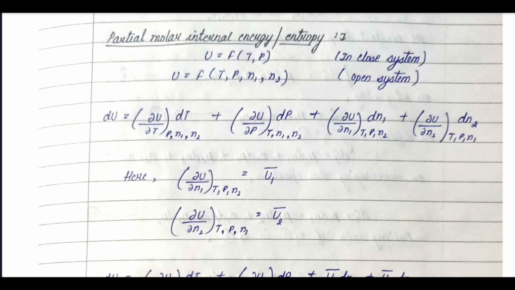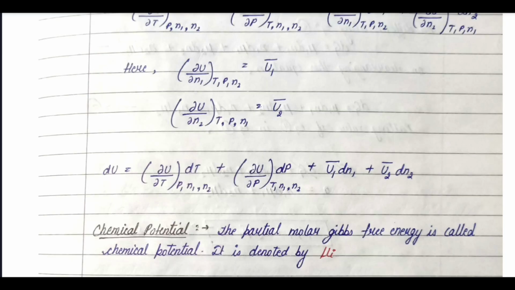So dU is equal to curly U by curly T at constant pressure, n1, n2 into dT plus curly U by curly P at constant temperature, n1, n2 into dP plus curly U by curly n1 at constant temperature, pressure, n2 into dn1 plus curly U by curly n2 at constant temperature, pressure, n1 into dn2. Here curly U by curly n1 at constant temperature, pressure, n2 equal to U1 bar and curly U by curly n2 at constant temperature, pressure, n1 equal to U2 bar.